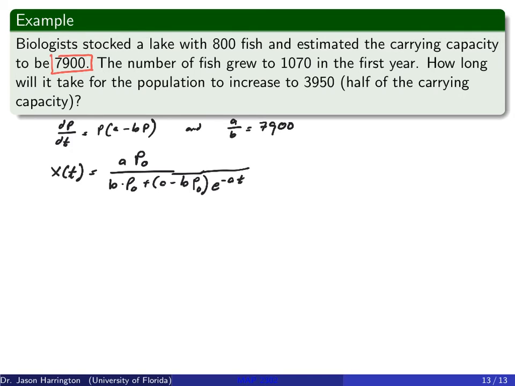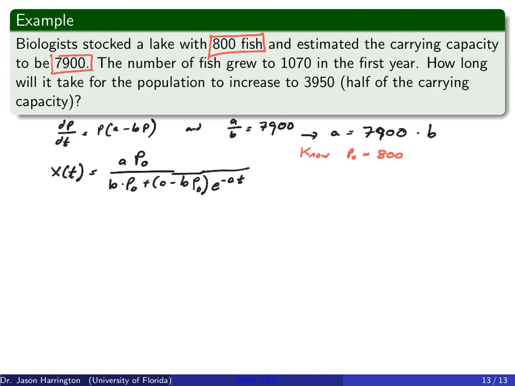Now, to make the substitutions, what I'll do is just easily solve for a. So a is just equal to 79,000 times b. And up here, we're given that we were stocked with 800 fish, assuming that there were no other fish of that type in the lake, we also know that P naught is equal to 800.